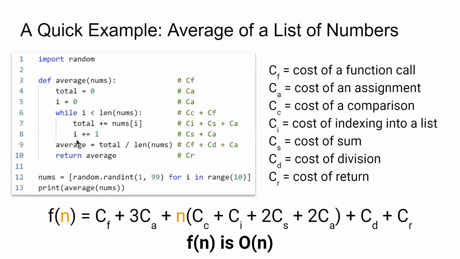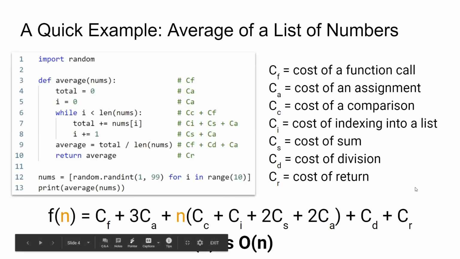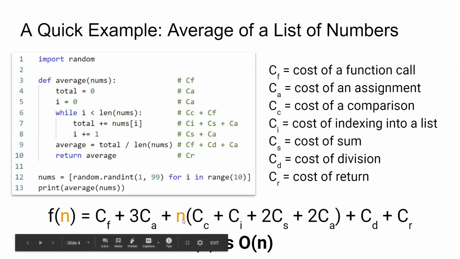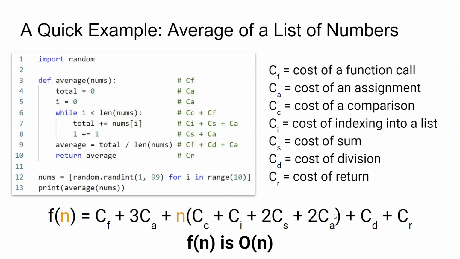So you could figure out the cost of each of these operations, and then figure out a function that would give you the runtime for the algorithm based on n, which is the size of the input. This is a really complicated formula, and obviously it's going to vary between languages. It's going to vary between computers.